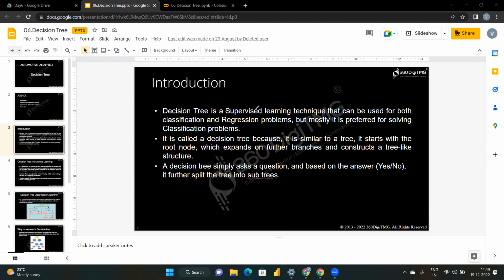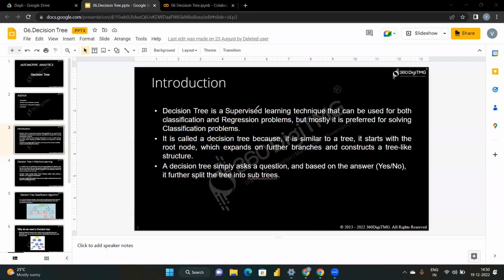As the name goes, it uses a tree-like model of decisions. So that is the use of decision tree algorithm. So guys, we have seen what is the use of decision tree, and we have seen the use of decision tree algorithm.